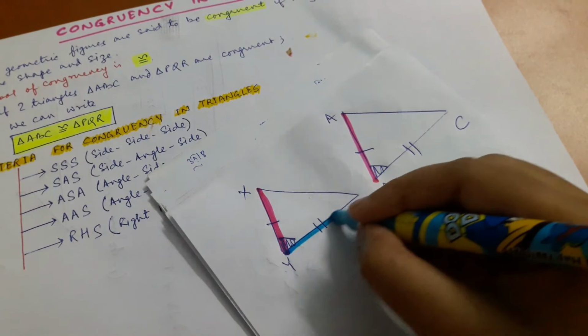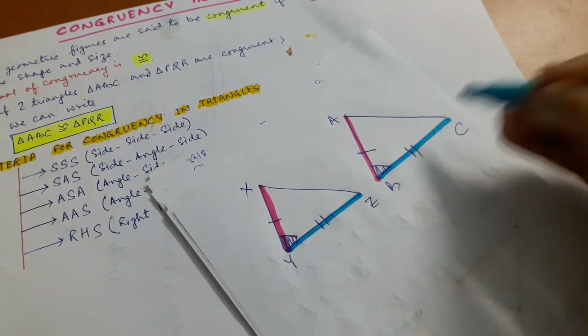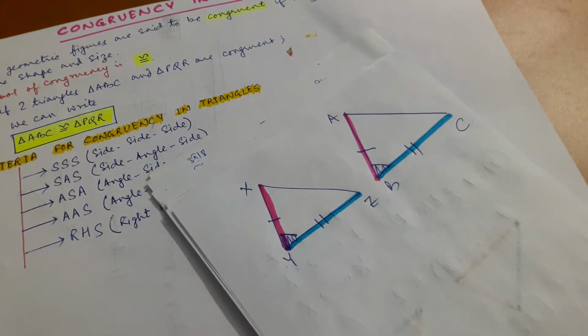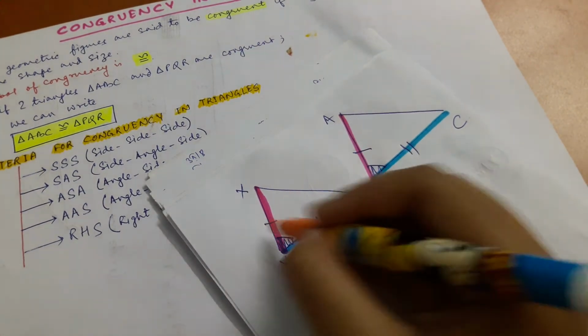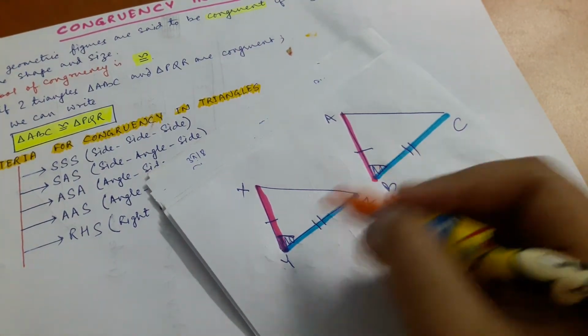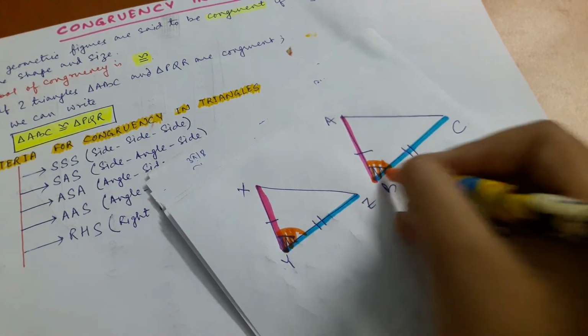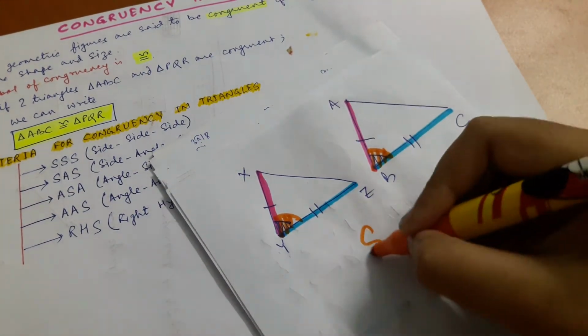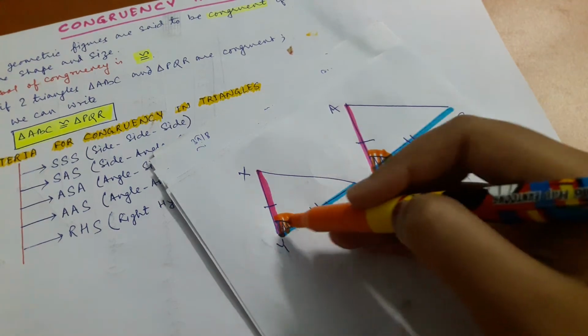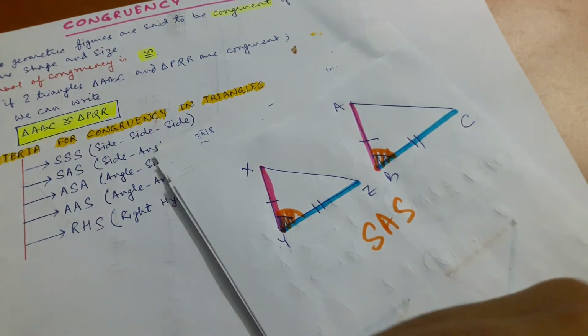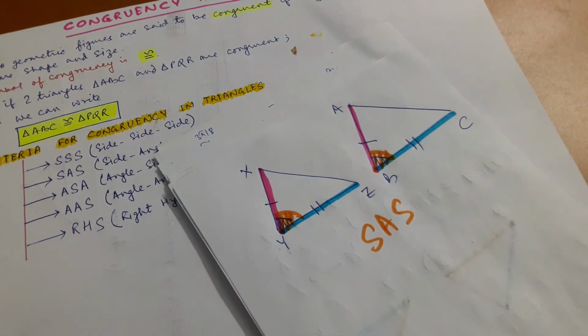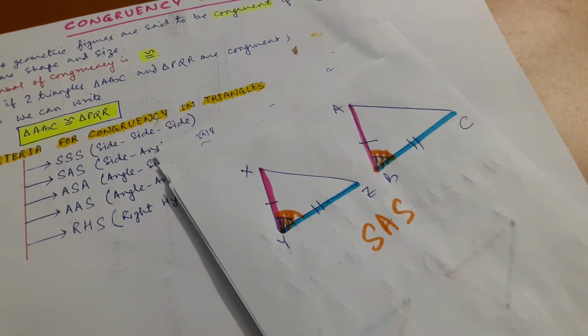This side is correspondingly equal to this side. And so the angle in between the two equal sides has to be equal correspondingly. So this is our SAS criteria. See, side, angle, side. Here also the order is very important. Whenever we talk about congruency, order is very important.